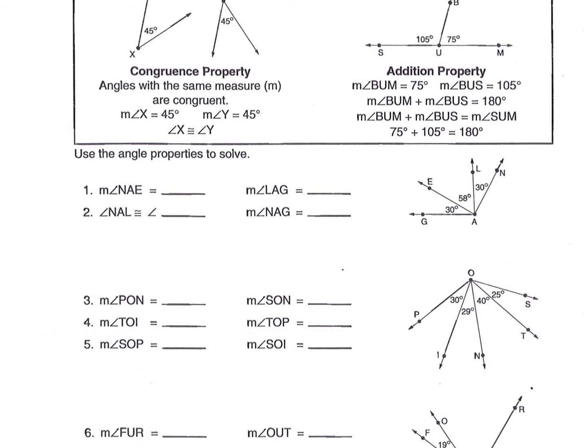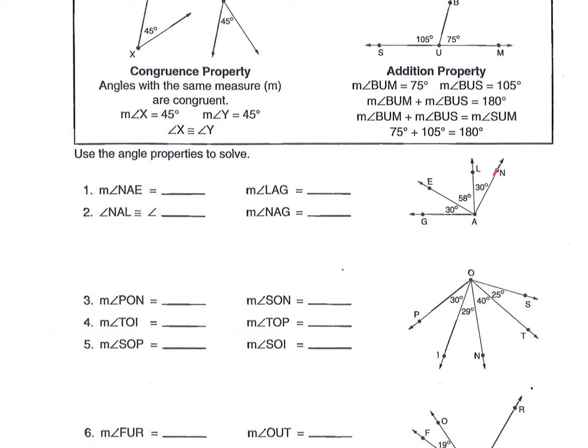So the first question says, use the property of angles to solve. We're going to notice sometimes they put an M here, sometimes they don't. This means the measurement; they want us to find the measurement of N to A to E. What I find helpful is to mark that.